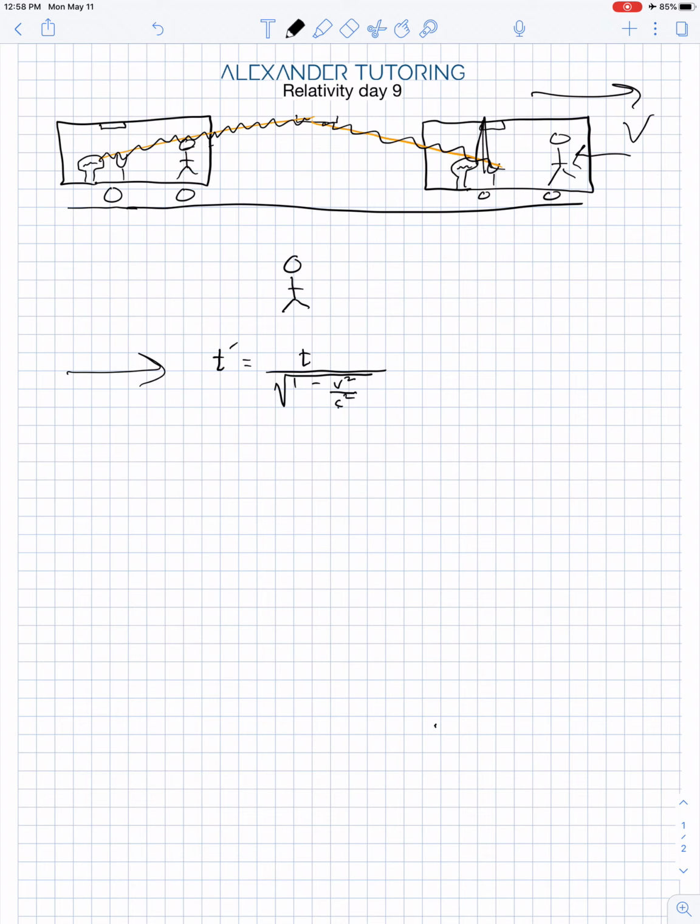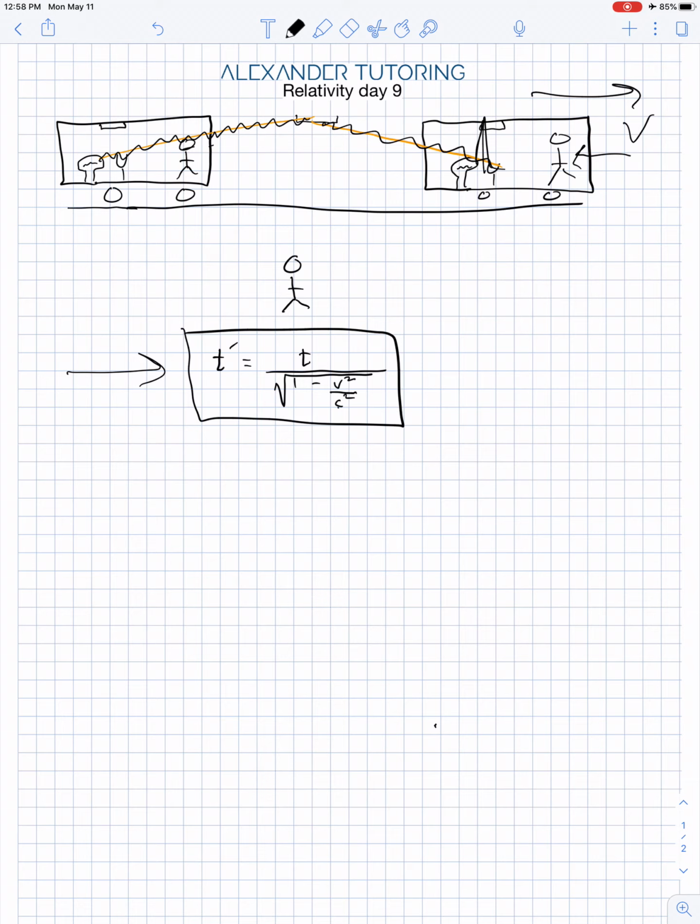Because of postulate number one, everyone agrees on the speed of light. That means the light beam has longer to go, so the time interval is going to be longer compared to the guy in the train's time interval. That's a crazy result. In fact, we even calculated exactly how much those time intervals would be different, and we came up with Einstein's time dilation formula.